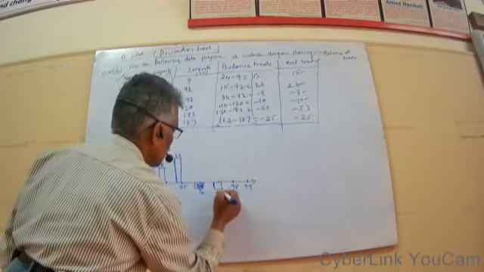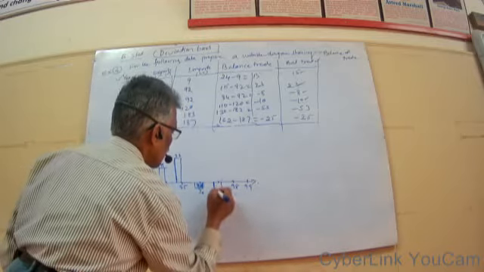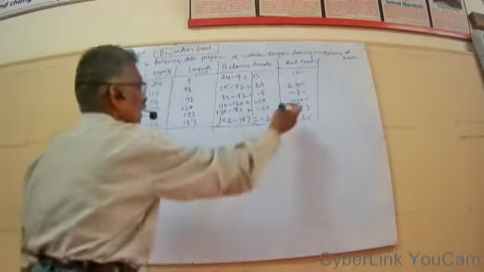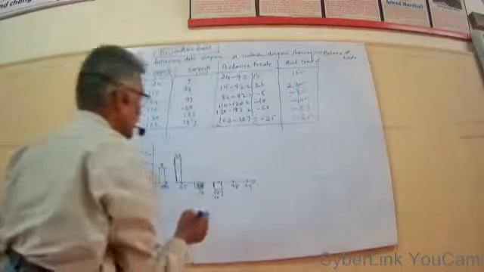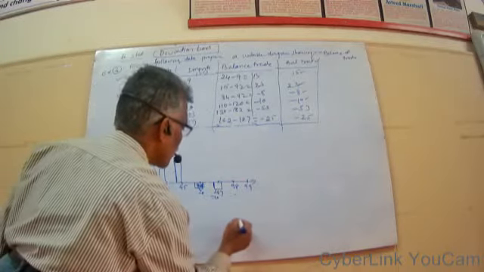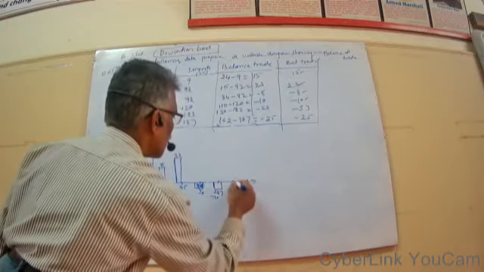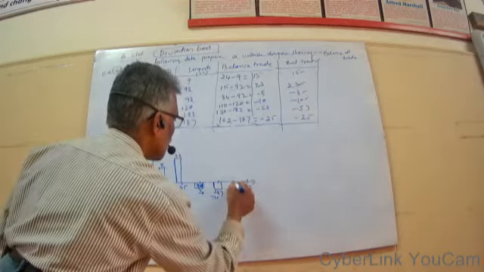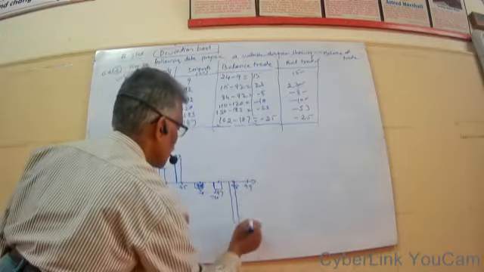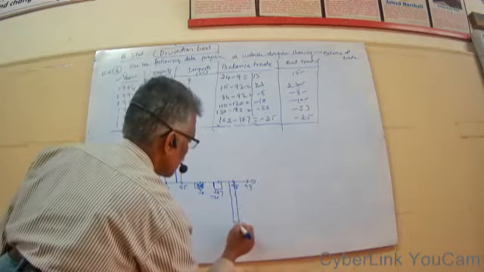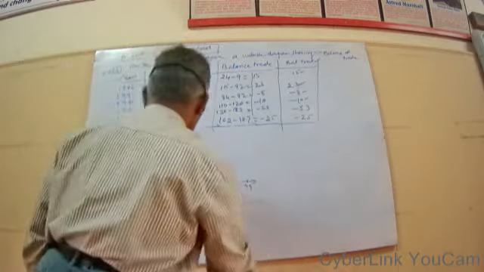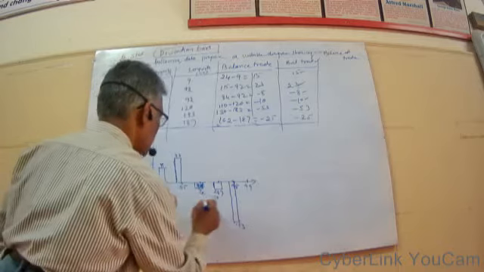So this is 97, the value is minus 10, and next is minus 53. Minus 53 is somewhere here for 98. This is minus 53, and for 99, minus 25. Minus 25 is somewhere here.